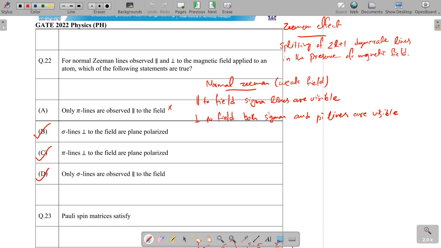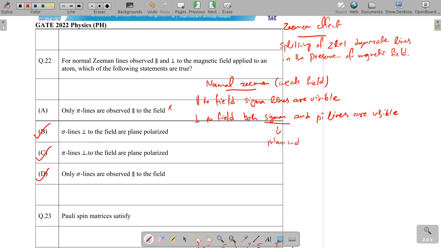This is true for the normal Zeeman effect, but here the polarization is also asked. So these are the answers. Sigma lines perpendicular to the field are plane polarized.